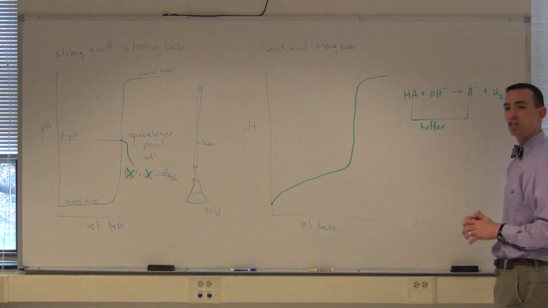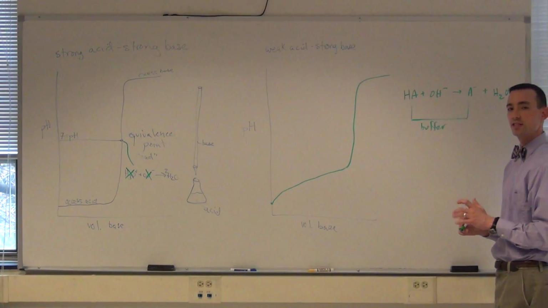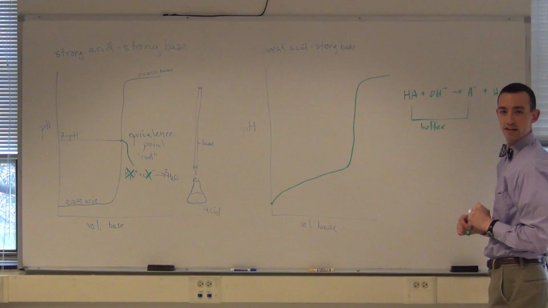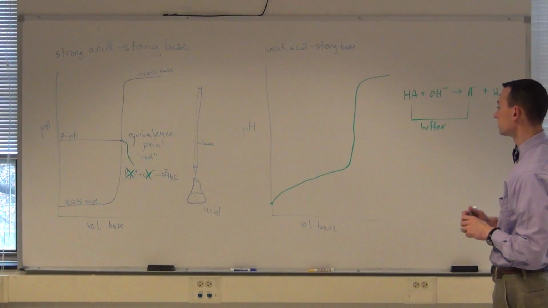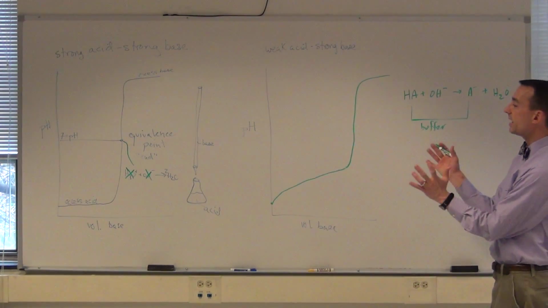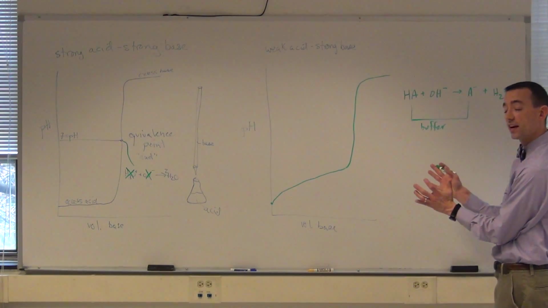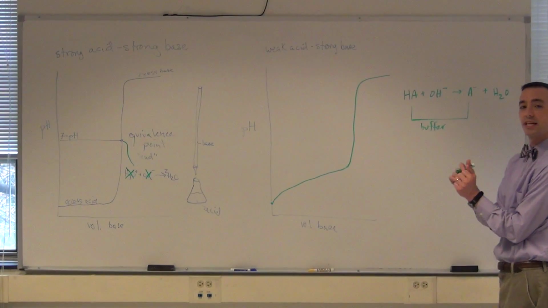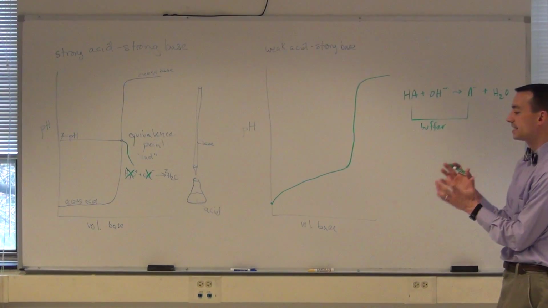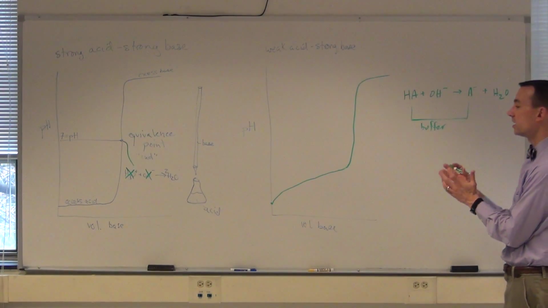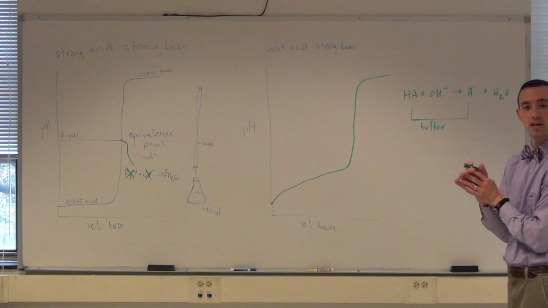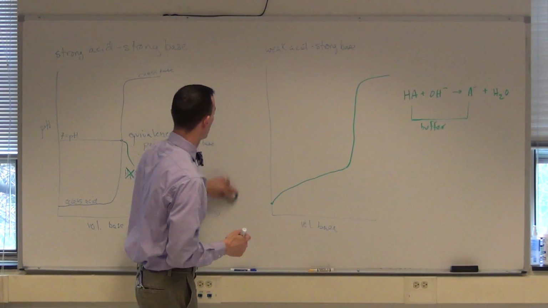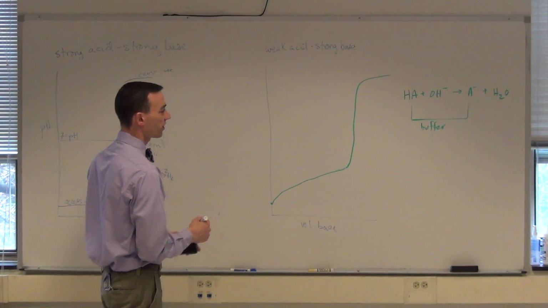It's intentionally trying to resist the rapid change in pH that's being brought on in this section of the titration. These are some important characteristics of our weak acid, strong base titration, and it's how we will identify the unknown acid that we're working with in today's experiment. So there are two key points on this titration curve.